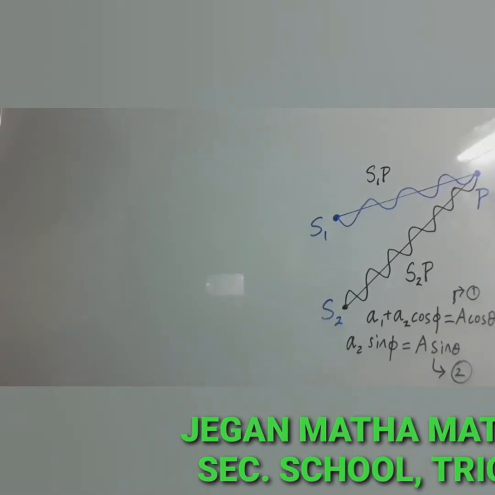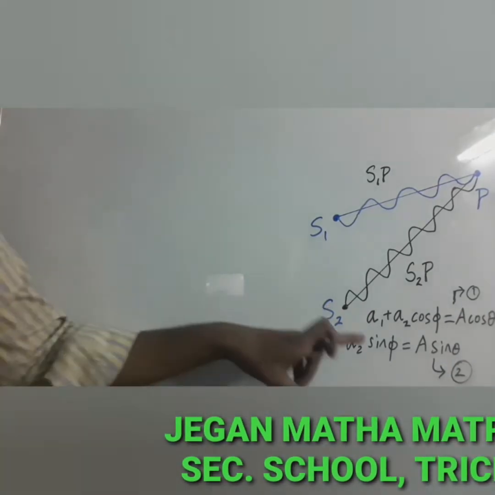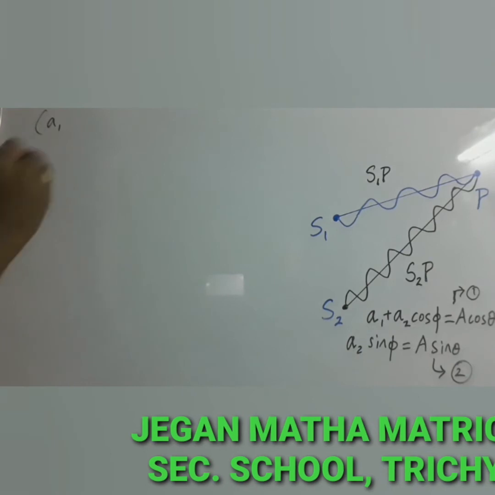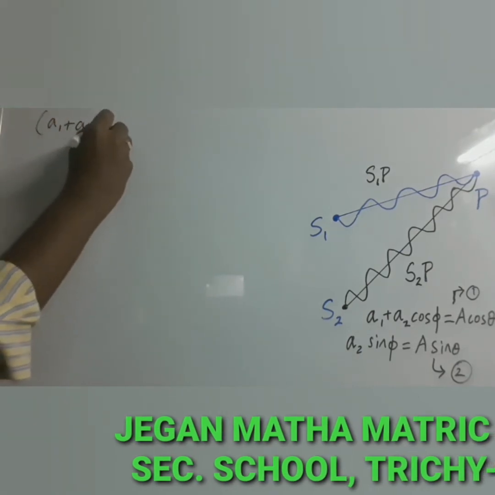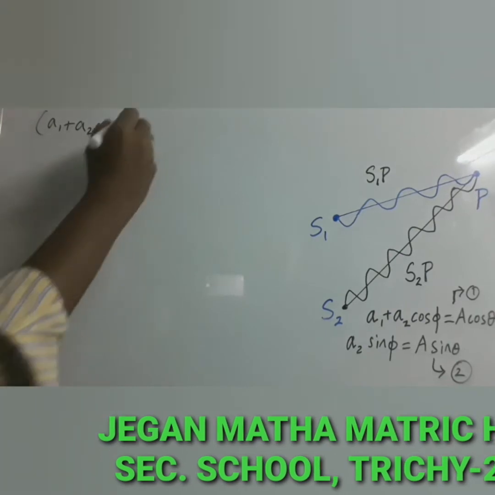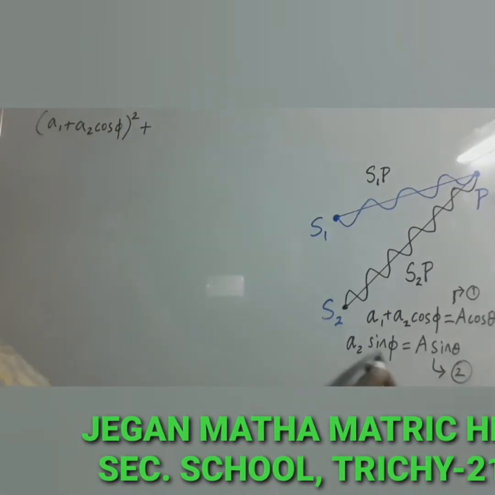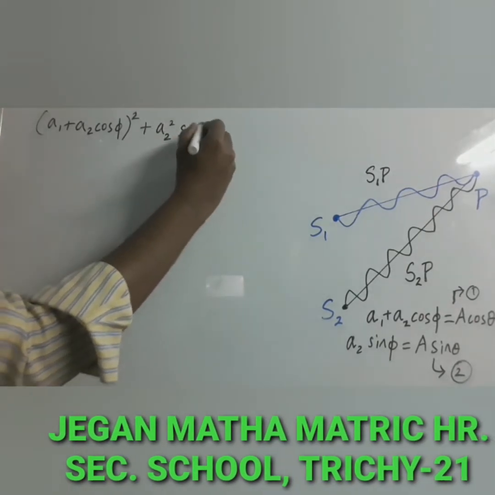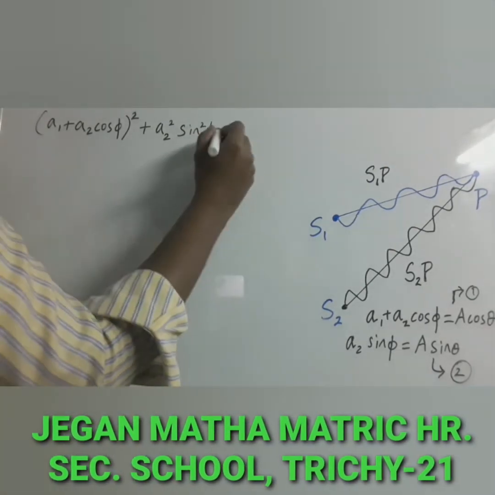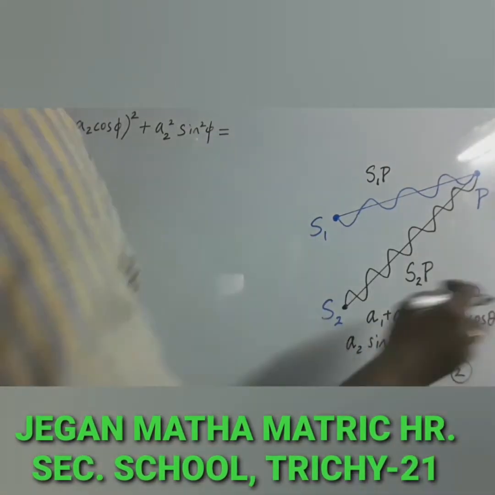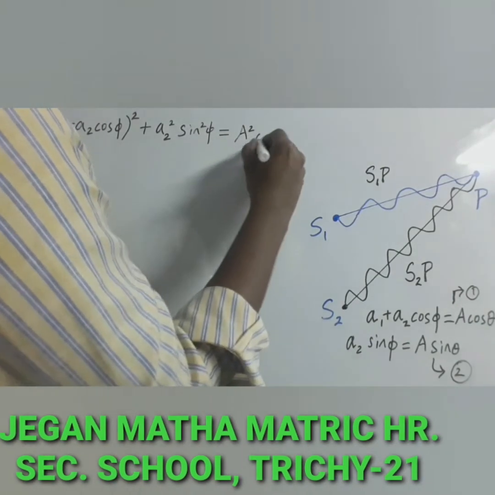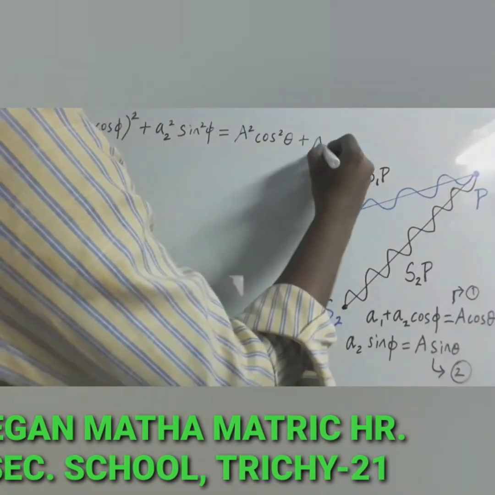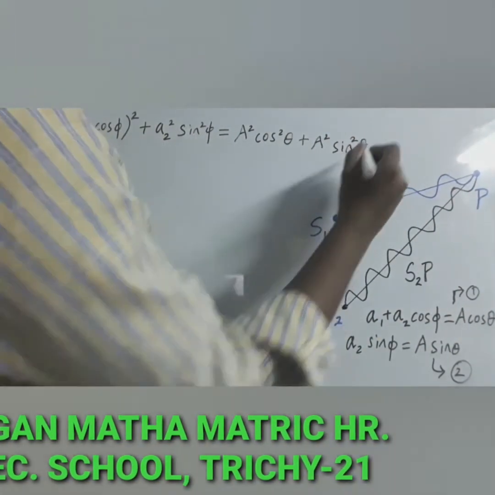To find the value of the resultant amplitude, let us square the first and second equations and add them. (a1 plus a2 cos phi) squared plus the left hand side of the second equation a2 squared sin squared phi, which is equal to the right hand side of the first equation squared, A squared cos squared theta, plus the right hand side of the second equation, A squared sin squared theta.